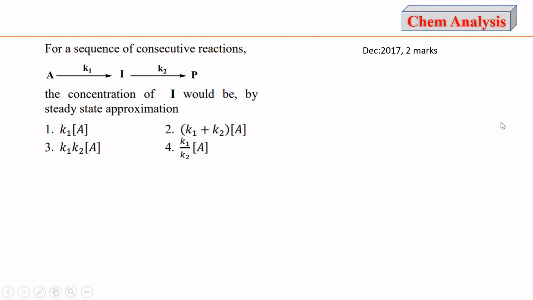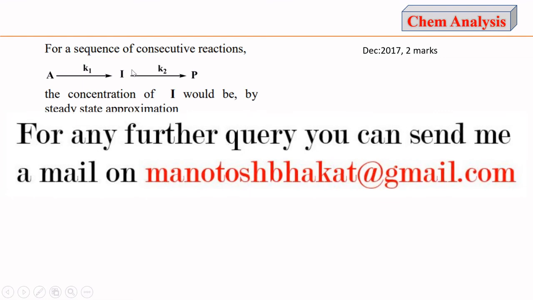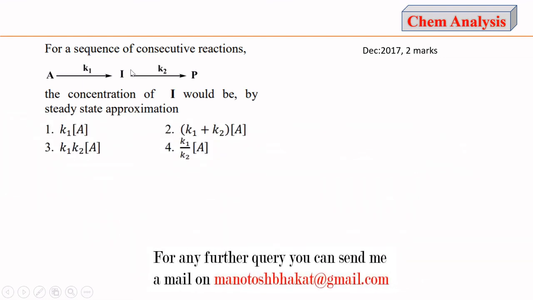And this is the last question of this discussion. From here we can see that we have to identify the concentration of I in this consecutive reaction applying steady state approximation. Steady state approximation tells us that the concentration of an intermediate in a sequence of reaction or in a consecutive reaction is independent of time.